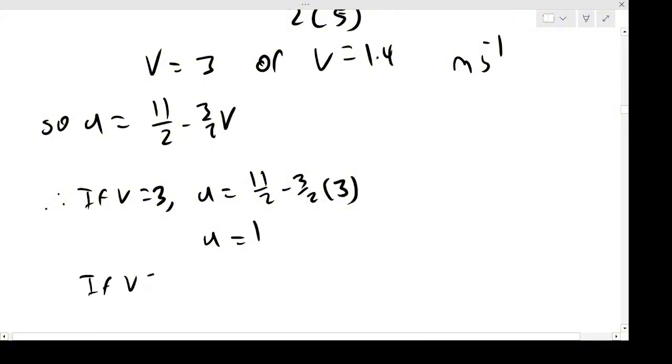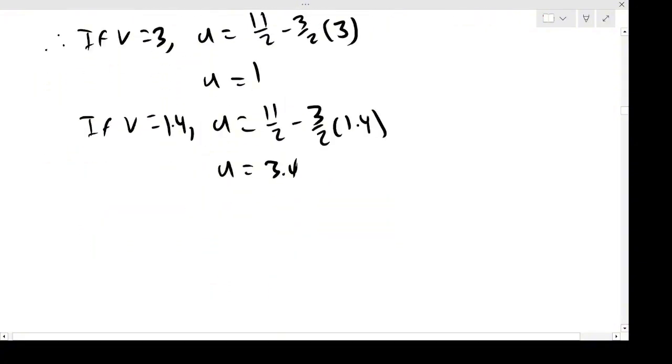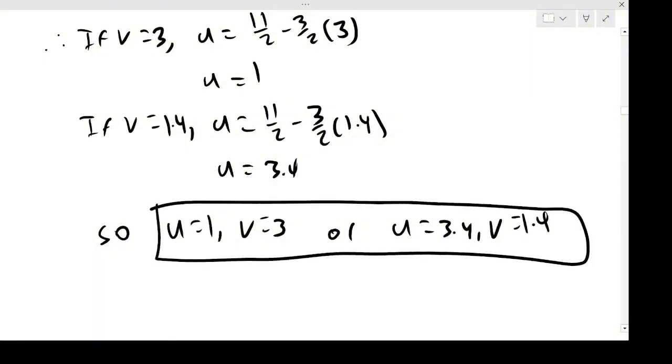Then if v is 1.4, u would then be 3.4. So again, nothing seems out of the ordinary. So we get these pair of solutions. So ultimately, if u is 1, v is 3, or if u is 3.4, v is 1.4. Okay. So these are my solutions to the simultaneous equations.